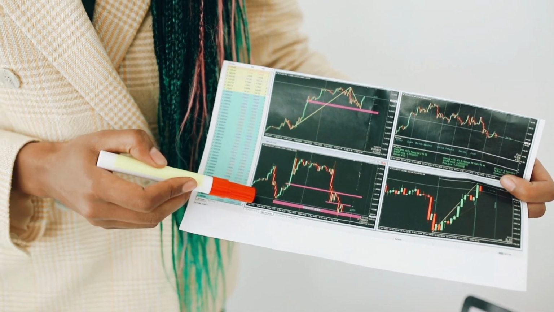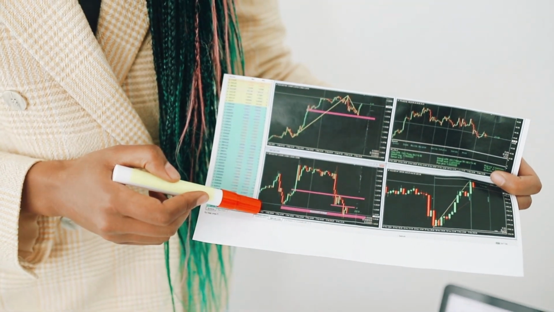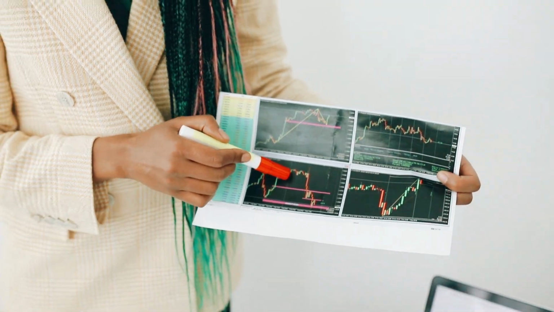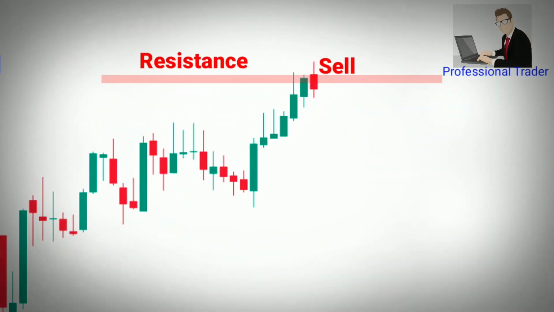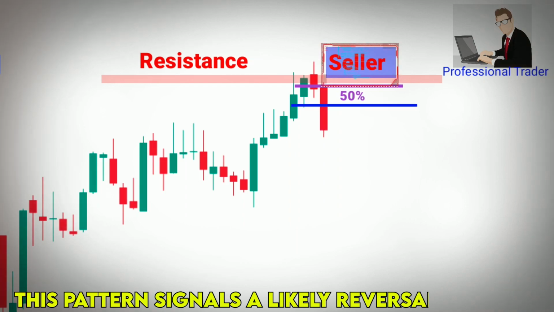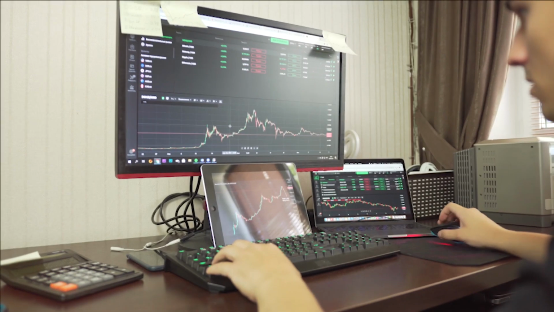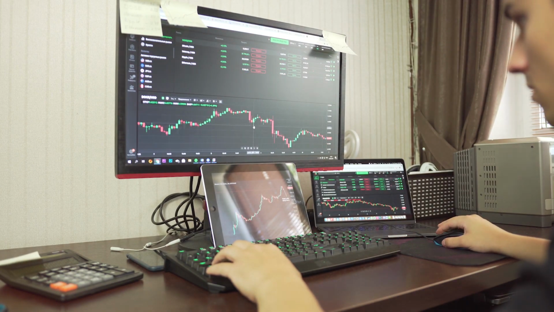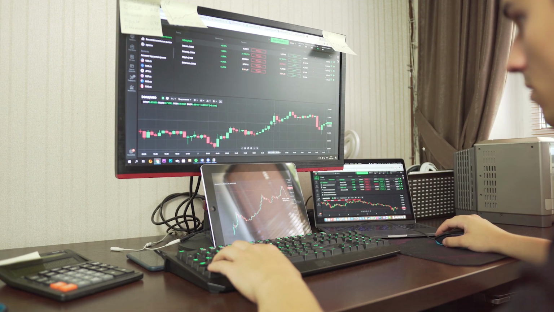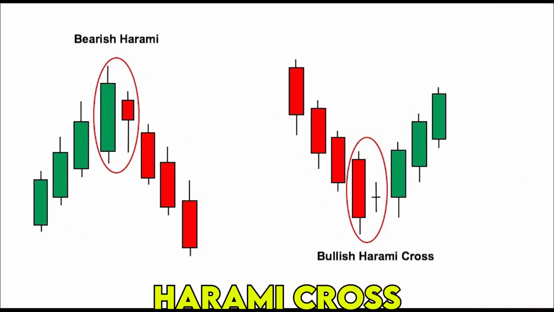A dark cloud cover pattern emerges when the first day features a powerful bullish candle, followed by the second day, which opens higher but closes below the first candle's midpoint. This pattern signals a likely reversal in mood, indicating that traders should consider short positions or tighten stops on long bets.